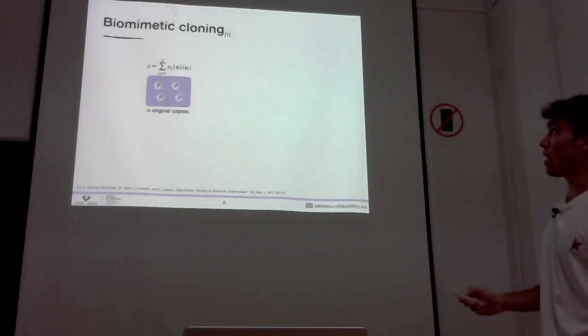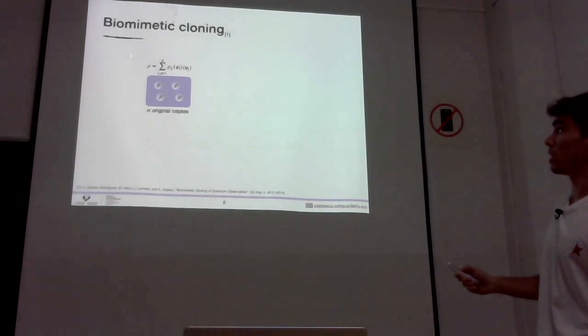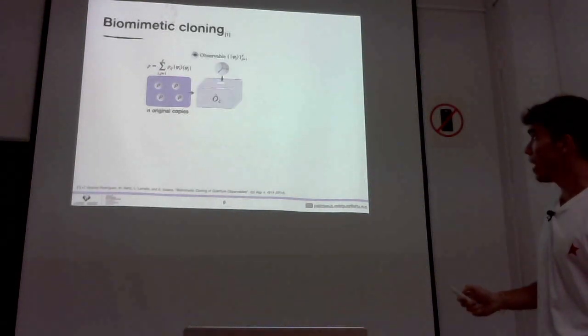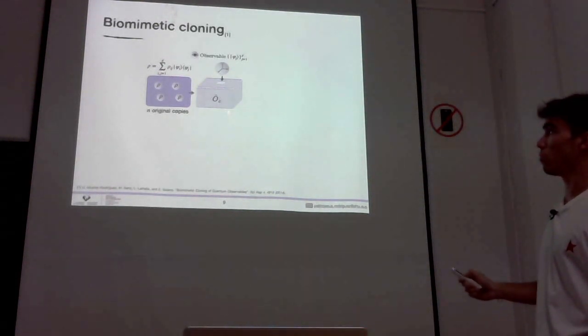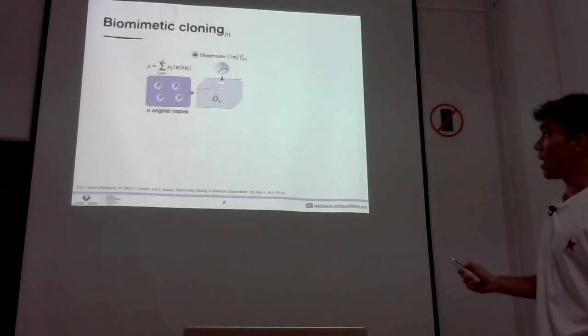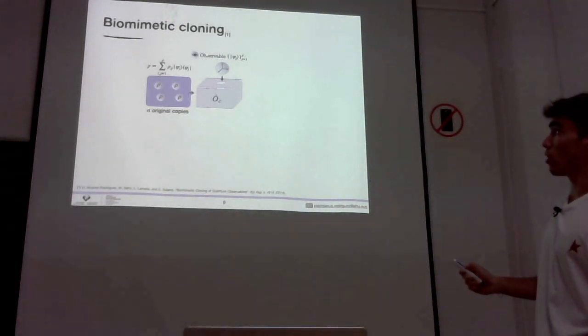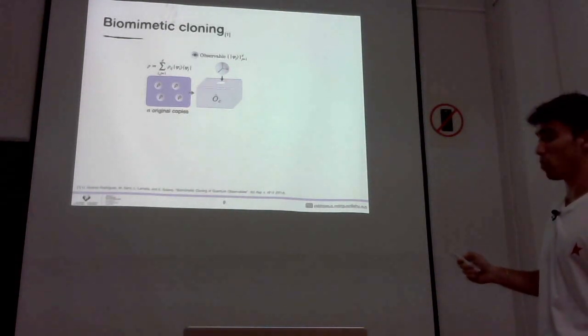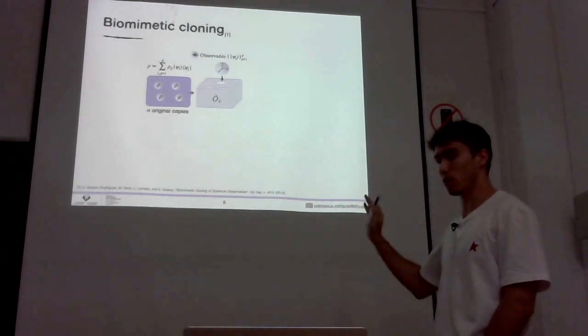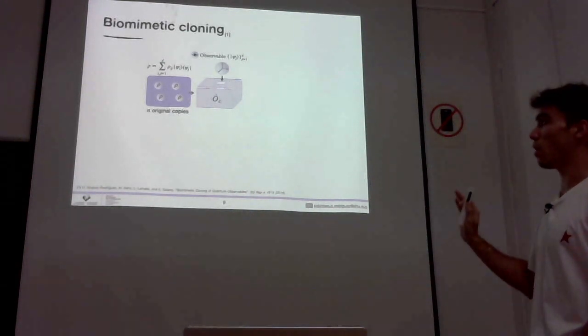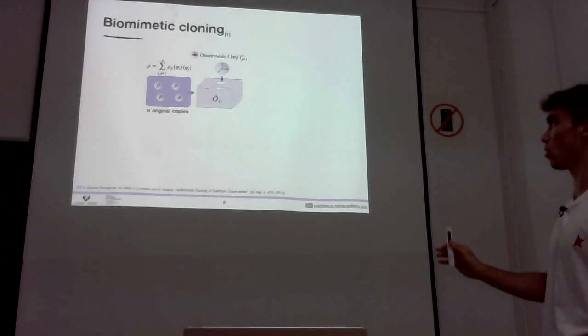So imagine that we have n original copies, which are expressed in this way. Now we choose an observable, and we perform the cloning in the basis of this observable. This observable has an eigenbasis, and we use this information to perform the cloning.